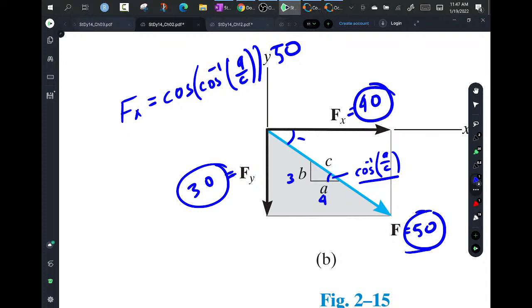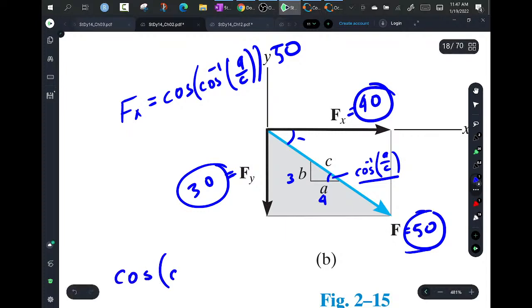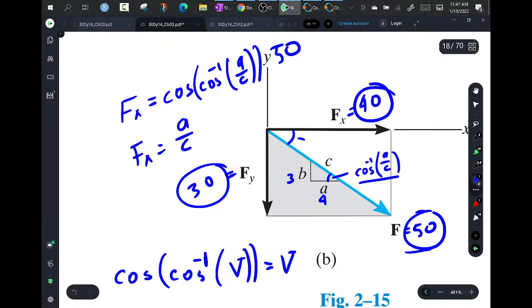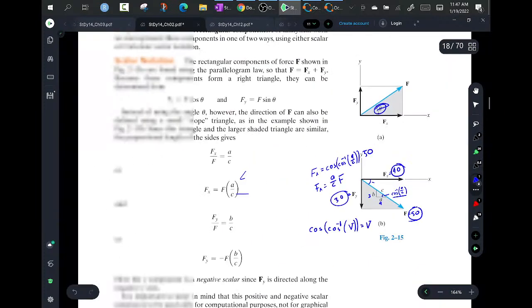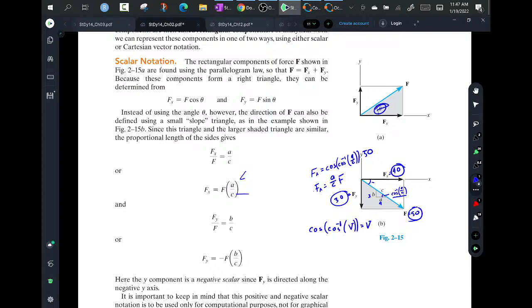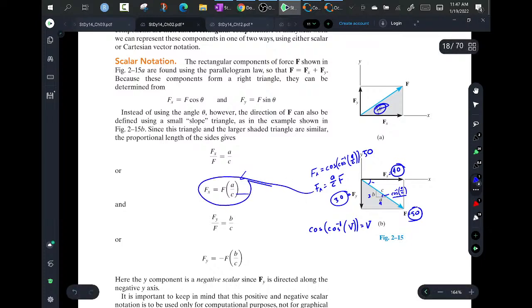You take the cosine of the inverse cosine of some value v, and you get out the value v. So you end up with Fx equaling A over C times F, and that is what sits right there.